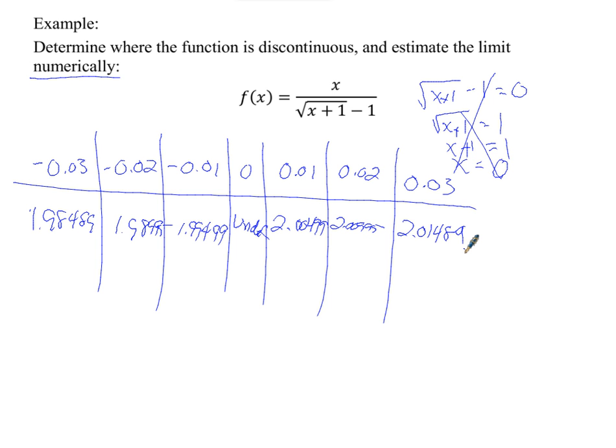All right, so as we approach from the left-hand side of this table, what number does it look like the function is tending towards? 2. And as we approach from the right, also 2. So therefore the limit as x approaches what? 0 equals 2.